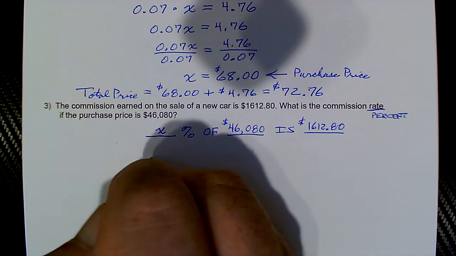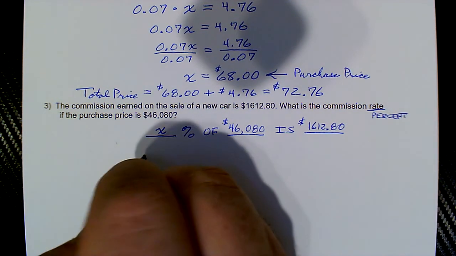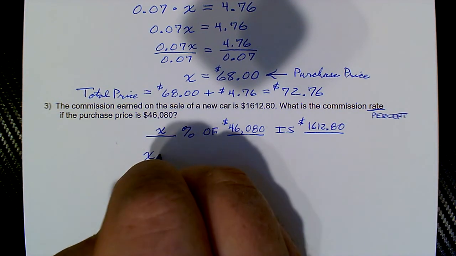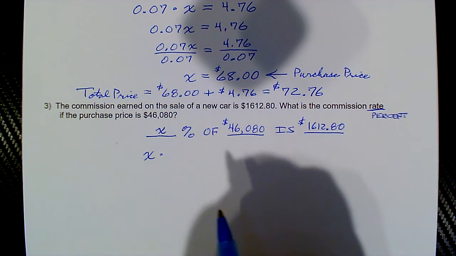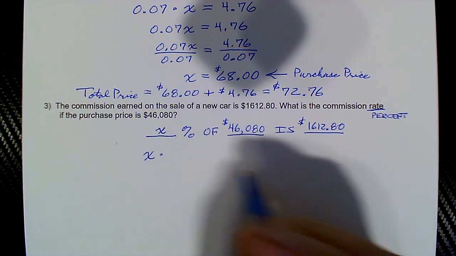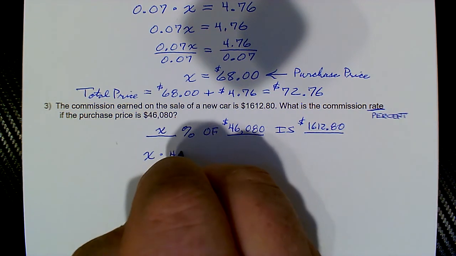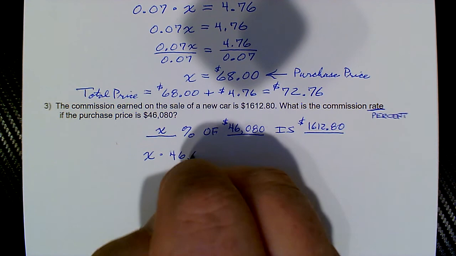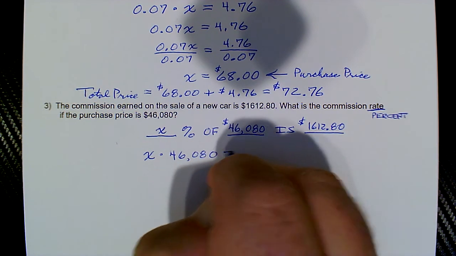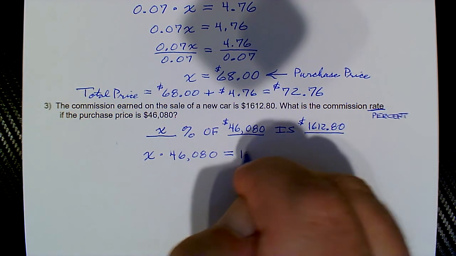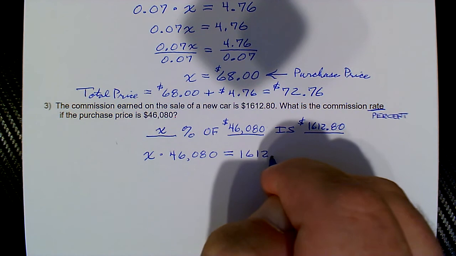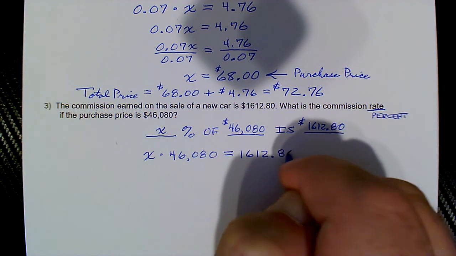Okay, so translate that into a mathematical sentence. X percent times, because of means multiplied or times, I'm going to drop the dollar symbol, $46,080 is, means equals, the 1612.80.